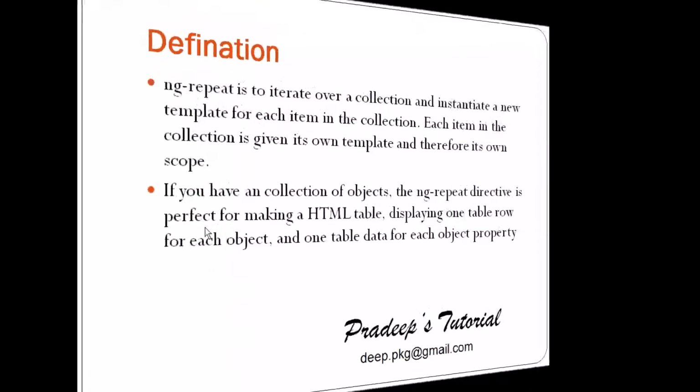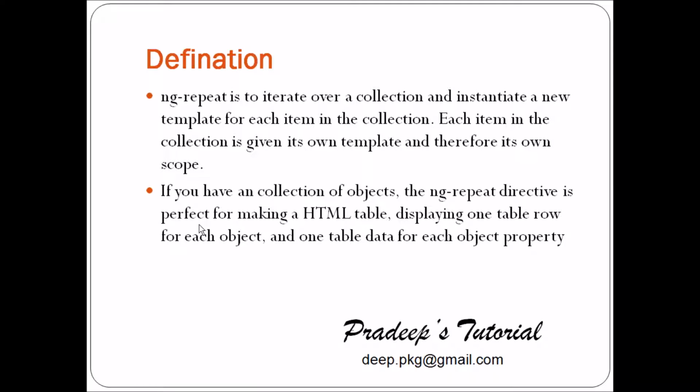So ng-repeat is to iterate over a collection and instantiate a new template for each item in the collection. Each item in the collection is given its own template and therefore its own scope. So if you have a collection of objects, the ng-repeat directive is perfect for making an HTML table, displaying one table row for each object and one table data for each object property. So we'll see those two examples.